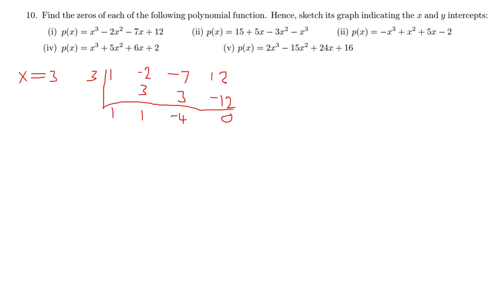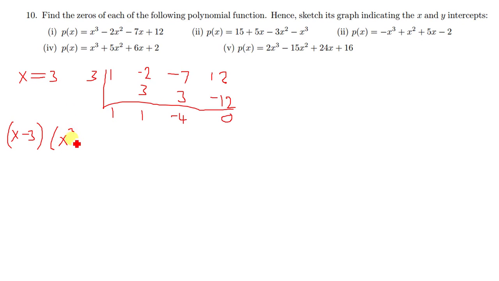We write this expression now in this format. So you bring this 3 to the other side of the equal sign. You are going to have x minus 3. Then you open the brackets there, and then you have this quadratic equation. These are the coefficients of your resulting quadratic equation.